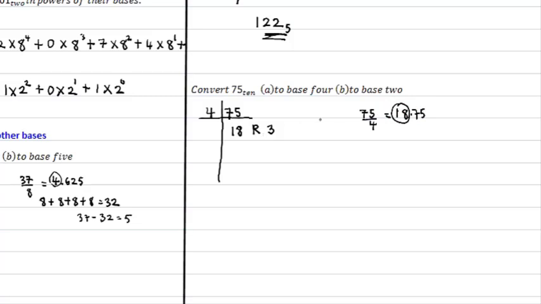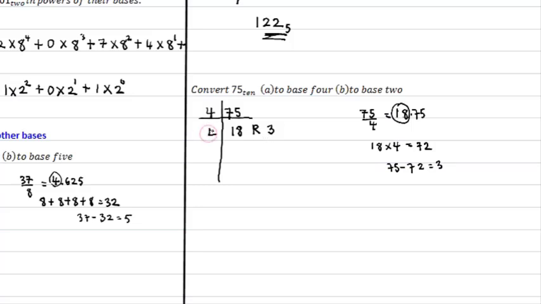So to get this remainder, just say from this 18, 18 times 4. You say 18 times 4, we are going to have 72. Then say 75 here minus this 72, that will give us the remainder. 75 minus 72 will give us 3. So that's how we arrive at 3 here.